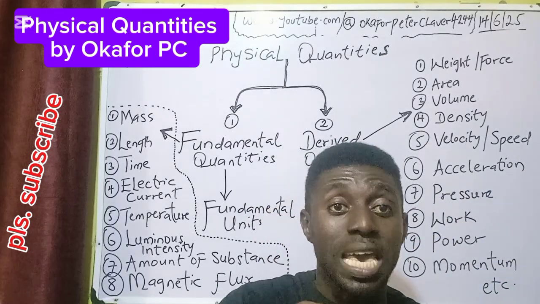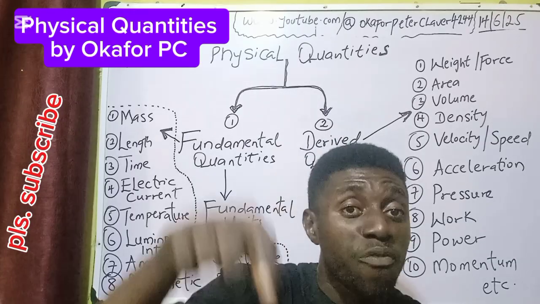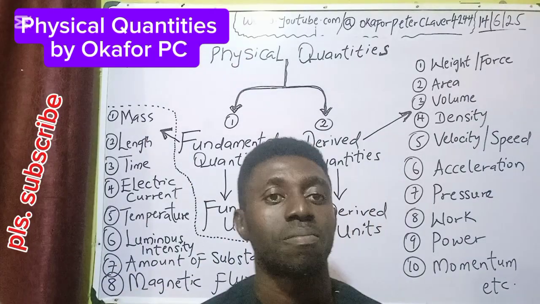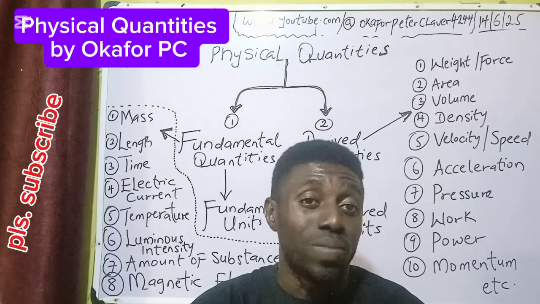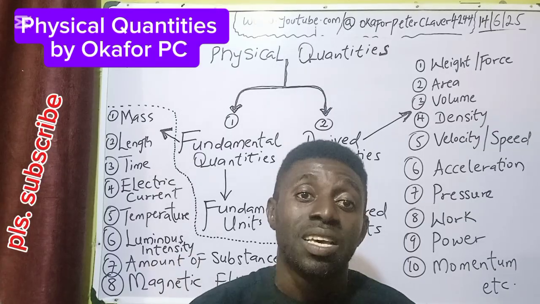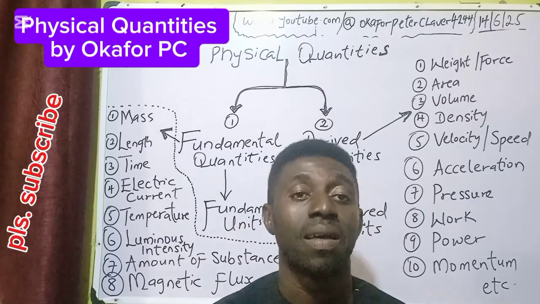So if a property of matter is called a fundamental quantity, that fundamental quantity will be followed by fundamental units. These are the spices of measurements. For example, mass. The fundamental unit of mass is kilogram. Fundamental unit of length is meter.